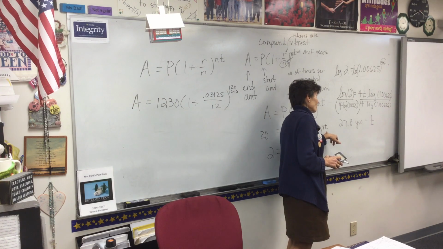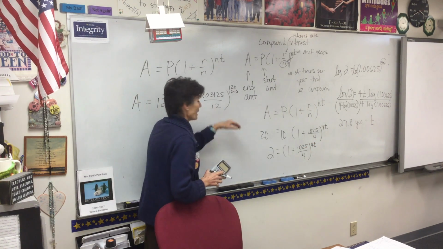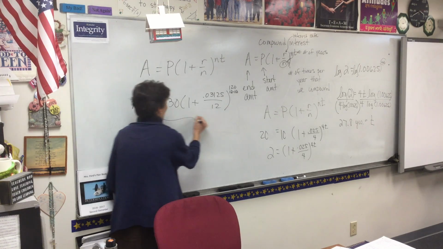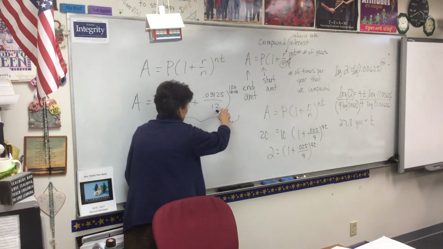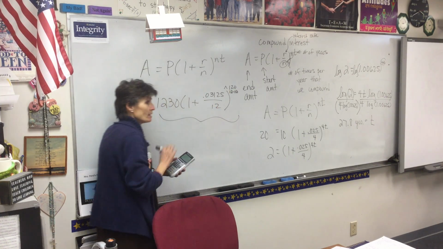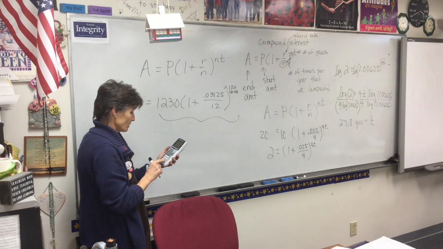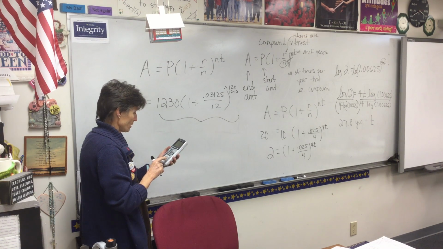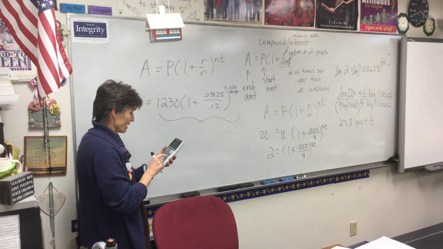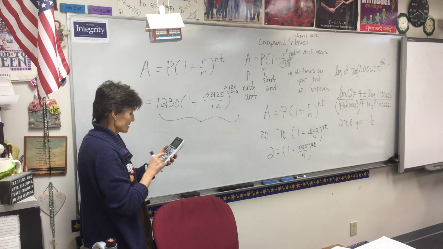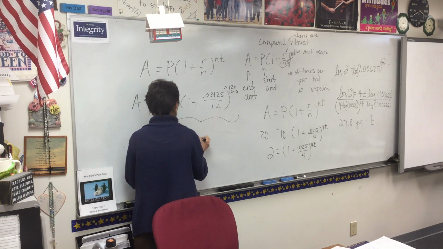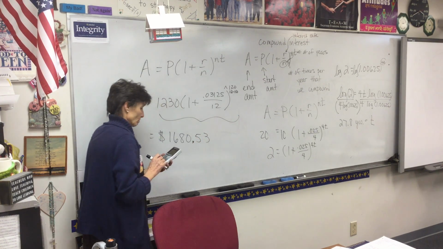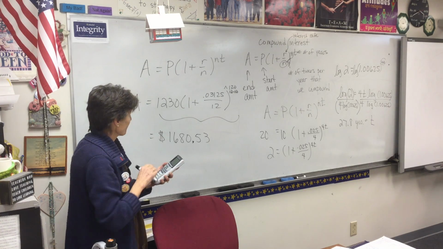So you just multiply it out, and you can just type that in exactly the way I wrote it. If you put the parentheses exactly where I put them and use your little caret button, you're going to get the right answer. So 1230 parentheses 1 plus 0.03125 divided by 12 close parentheses raised to the 120th power. I got 1680.53. Tell me if you match that.